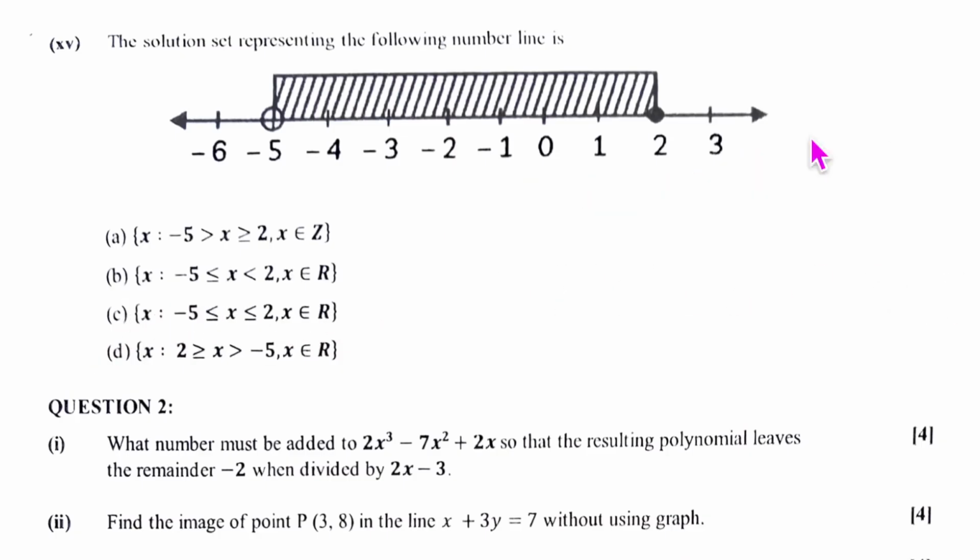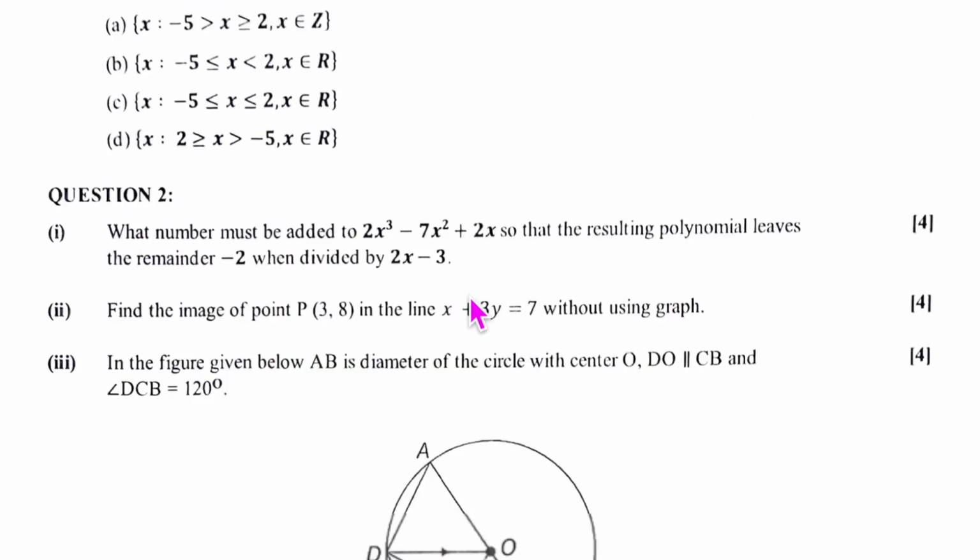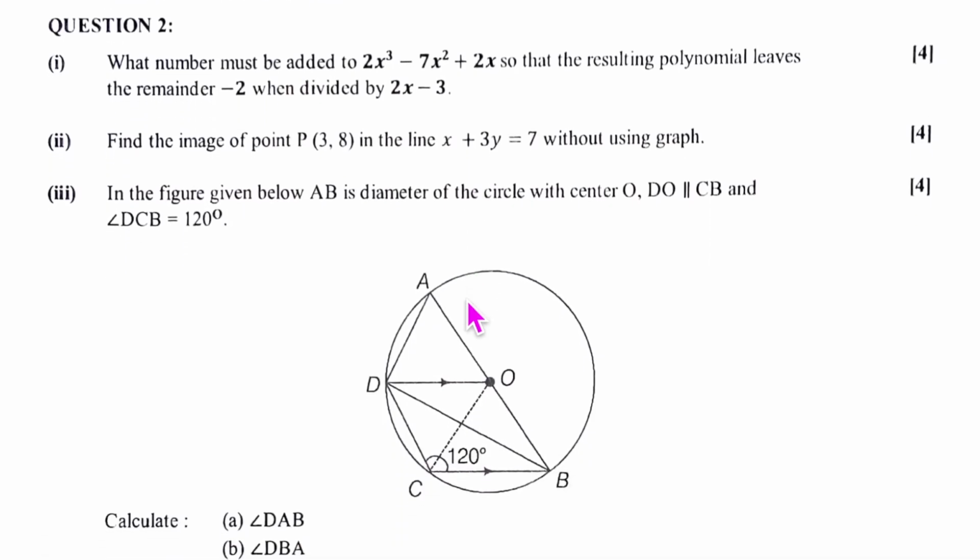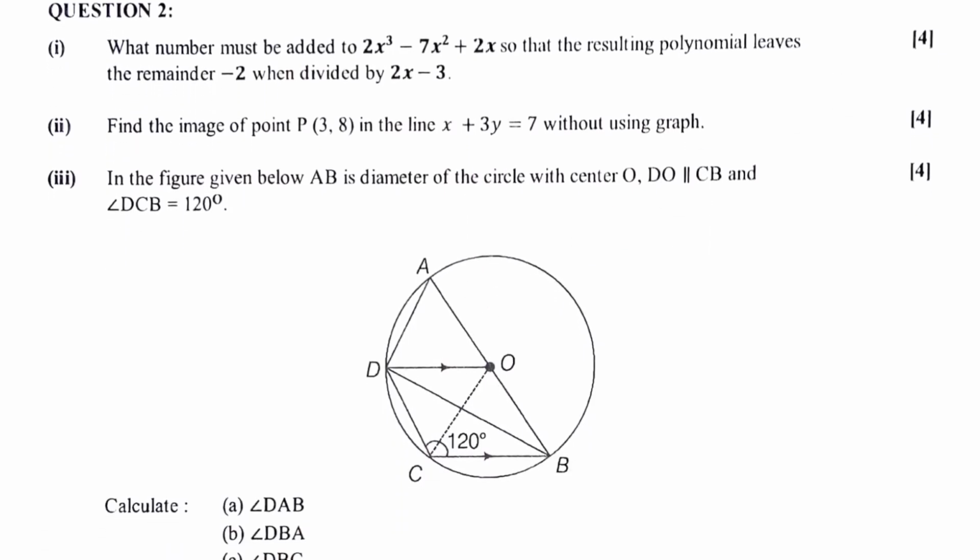So that was for the first 15 marks. What number should be added? How will you write? Question number 2, the first part. Let m be added to f of x. Then you are dividing by this.